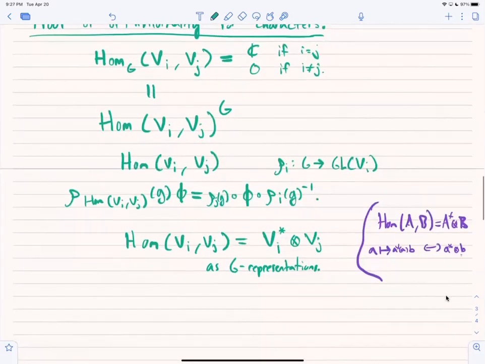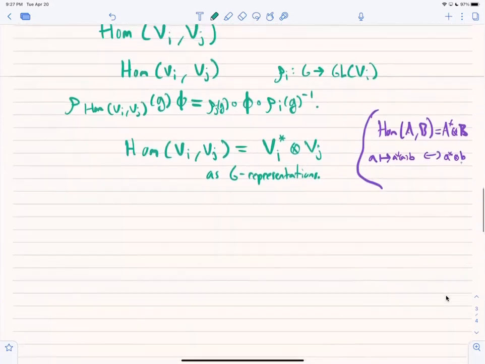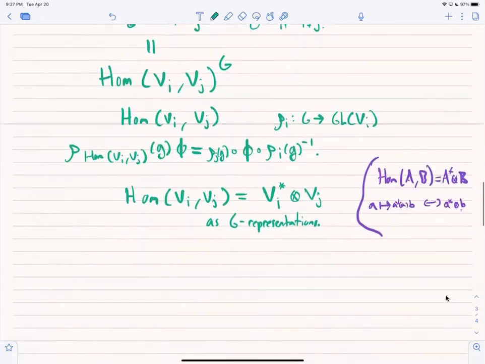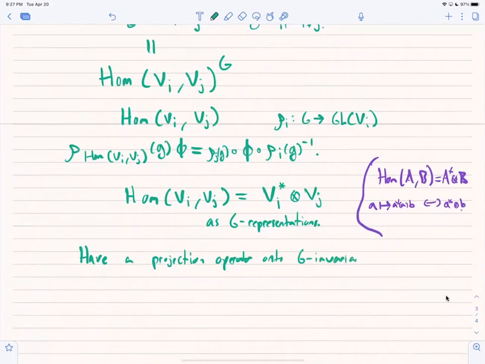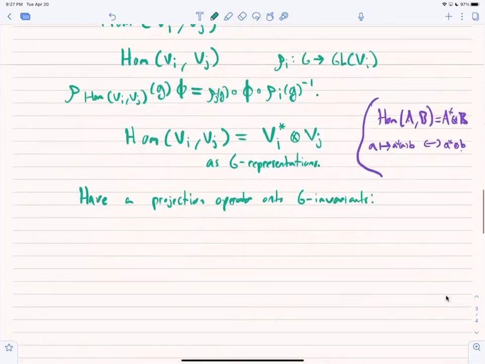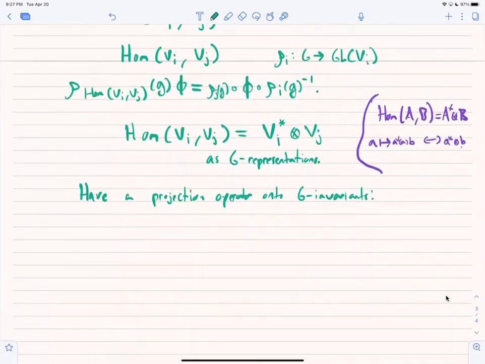So this is something we've used already, and this exists really for any representation. So this is just the sum.